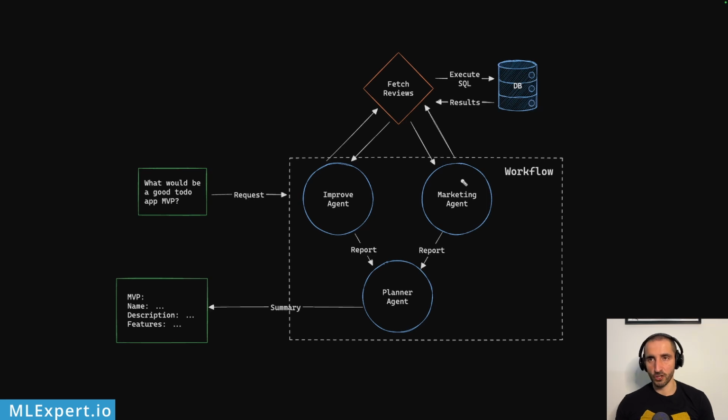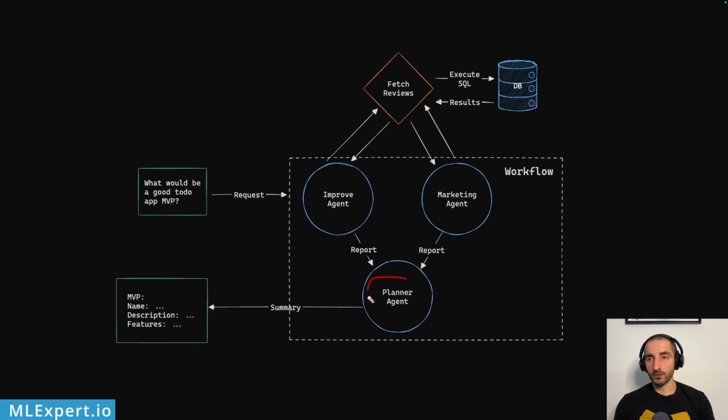Other than that, we are going to manage the workflow, and for that I'm going to have these 2 agents, an improvement agent and then a marketing agent. Both of those again are going to be working with the reviews, and they're going to provide a report that is a structured object provided by Pydantic AI.